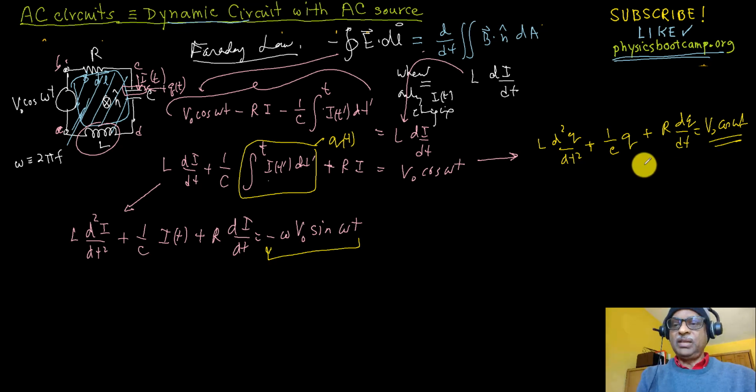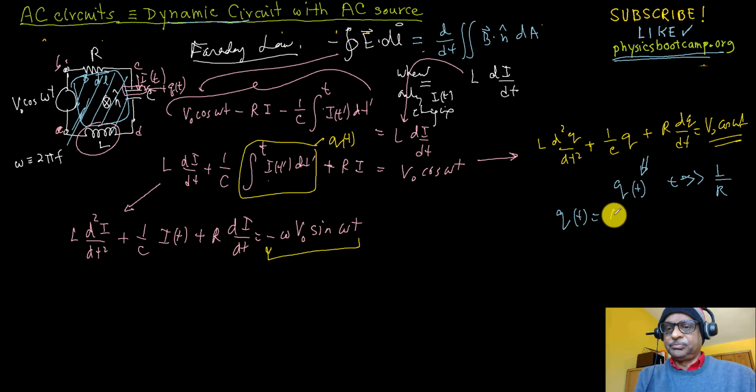And when you solve this for q(t), for t much greater than L over R, you're going to get q(t) will be some q0 cosine(omega t plus phi_q) for the charge.